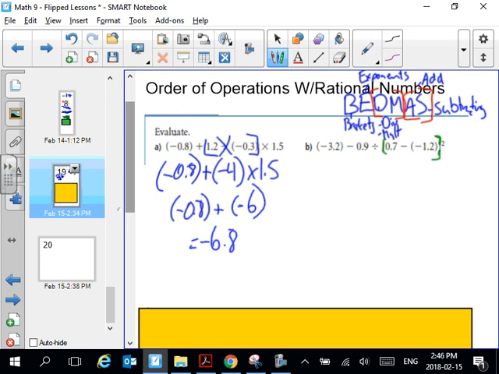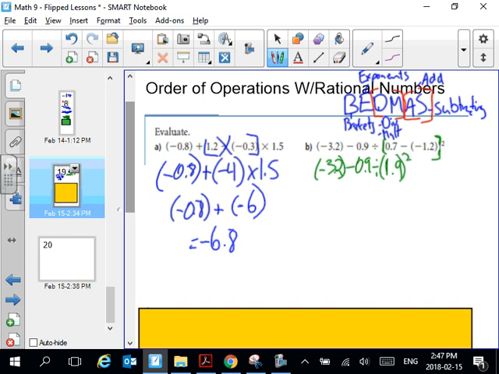But inside my square bracket, I have 0.7 minus a negative 1.2. I need to deal with that as my first step. Negative 3.2 minus 0.9 divided by 0.7 minus a negative 1.2 is going to give me positive 1.9 squared.